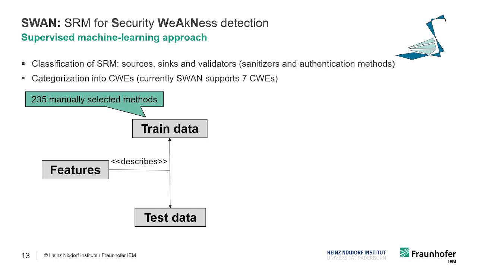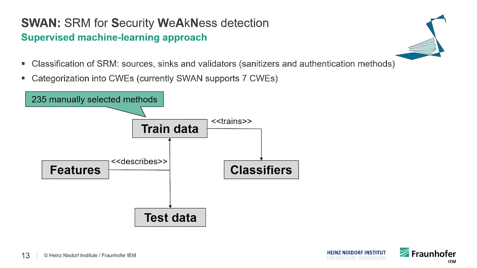And this is one of the features, and based on those features and based on the training data that we have collected manually, we have built a set of classifiers. So this is called the training of the classifiers.